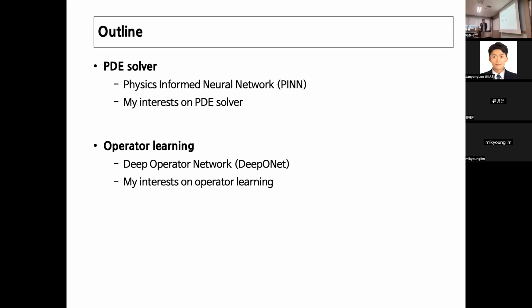And then I'll introduce operator learning. One of the famous models in operator learning is the deep operator network, so I'll introduce what the deep operator network is, and then my interests in operator learning. So today's presentation will cover these two approaches.